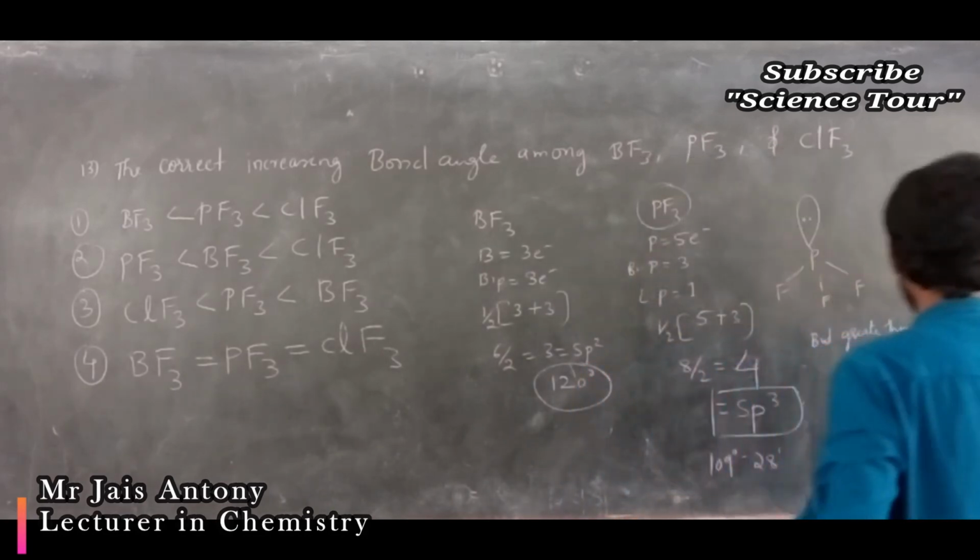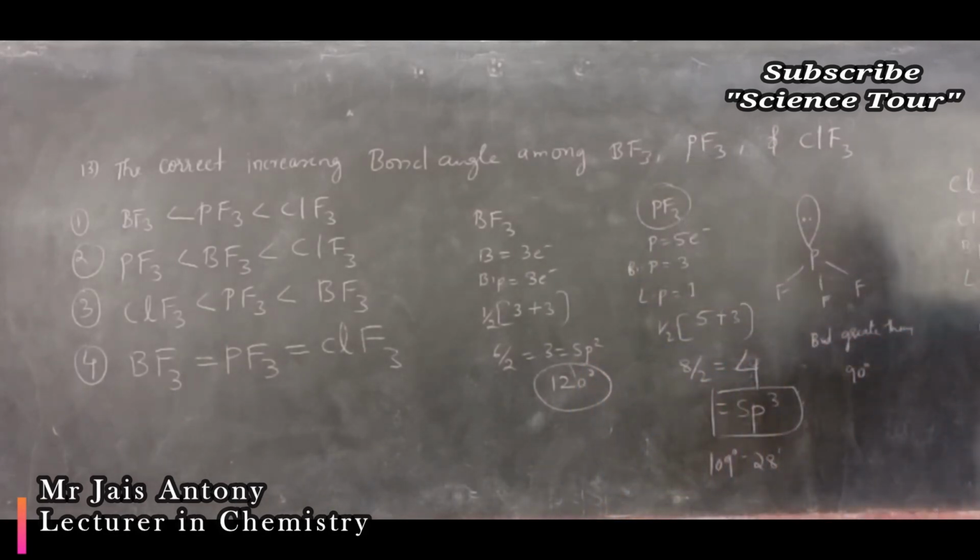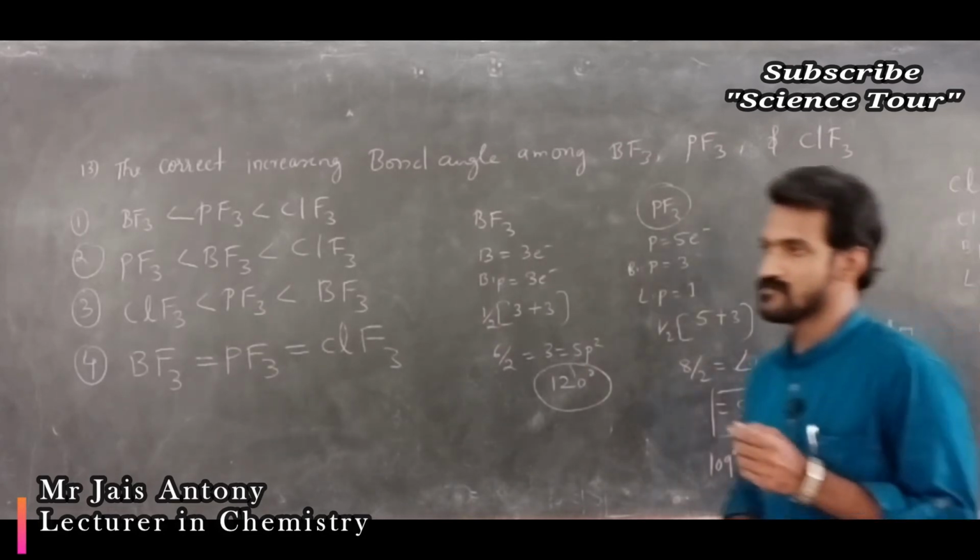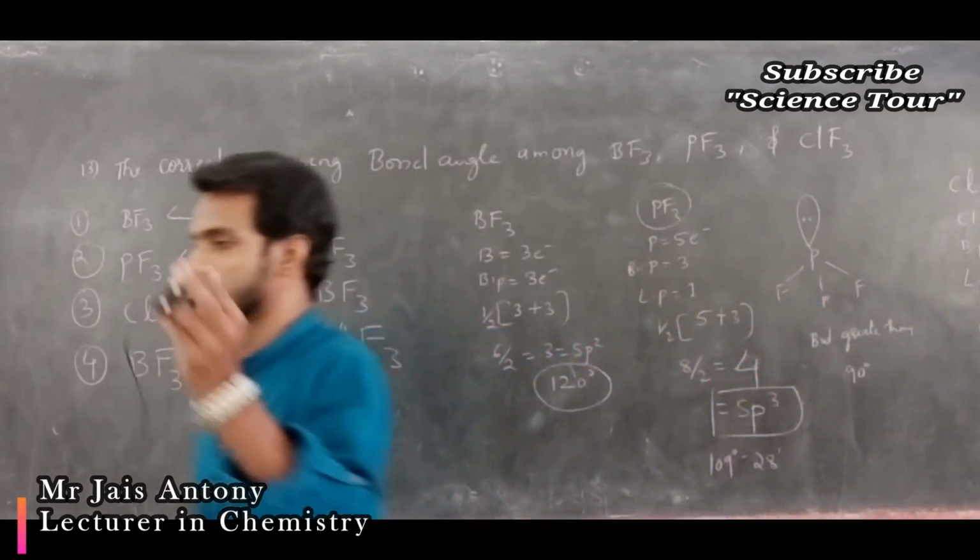Which shape is it, my dear students? Let us check which shape it is. 2 lone pairs, 3 bond pairs, correct? So Cl with F, this is actually a T shape, my dear students, T shape. Okay, what is the bond angle? Find out.